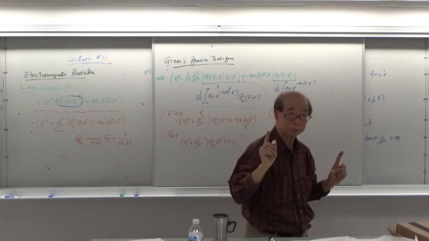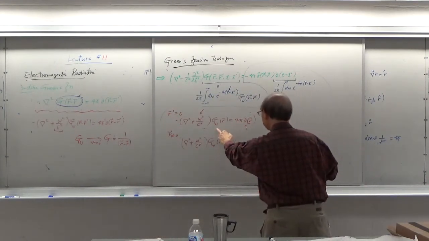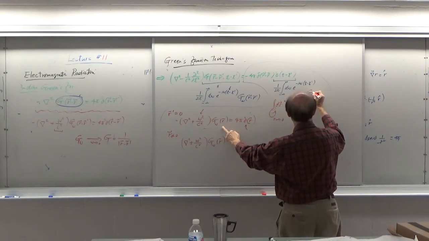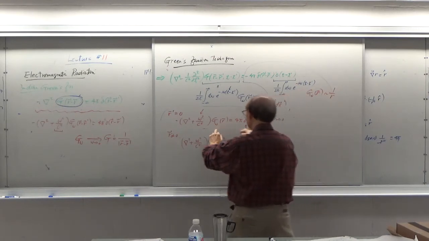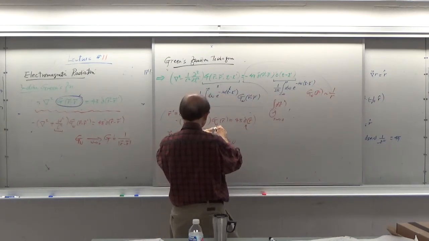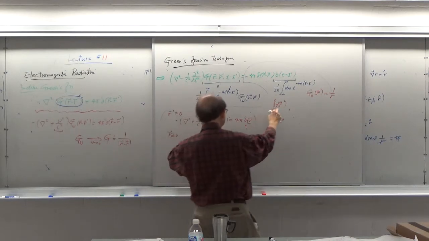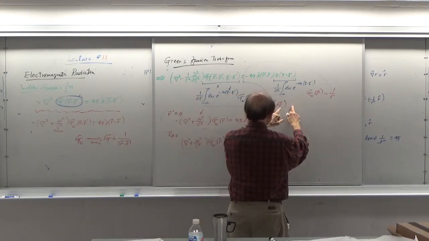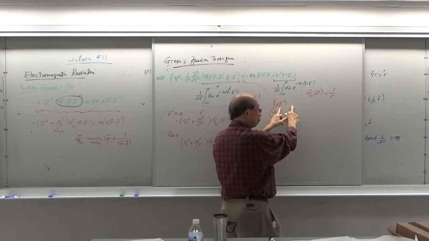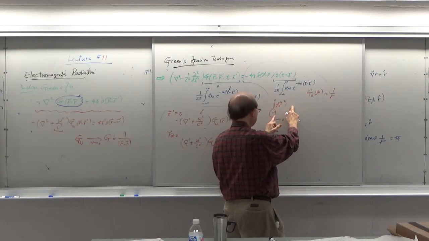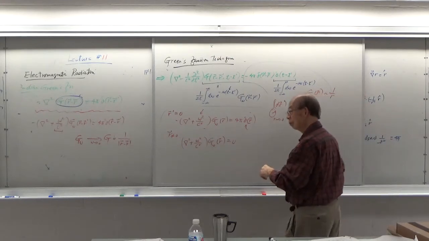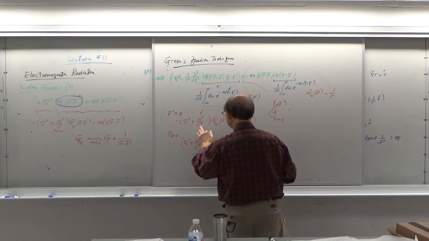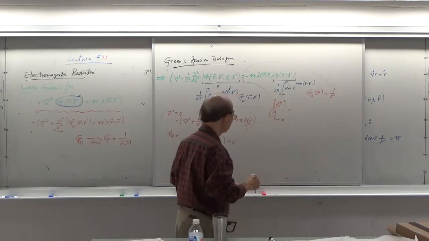The reason being that as R goes to 0, we will show that this goes like 1 over R. So this is 1 over R, this is a constant, so this piece in the integral will go like 1 over R, but then for a sphere, the volume element goes as R squared dR. So as R goes to 0, that shrinks to 0. So in fact, this term doesn't contribute to this integration.